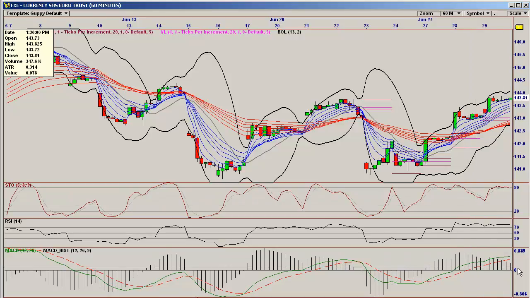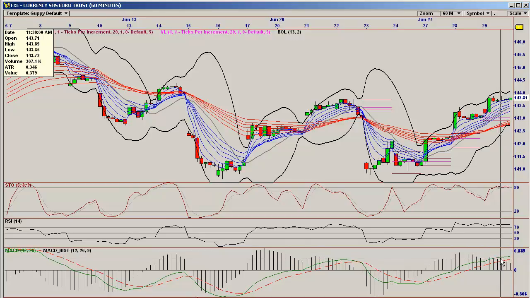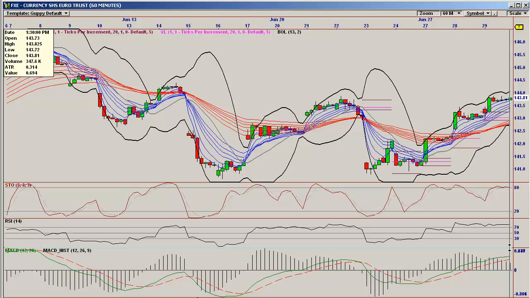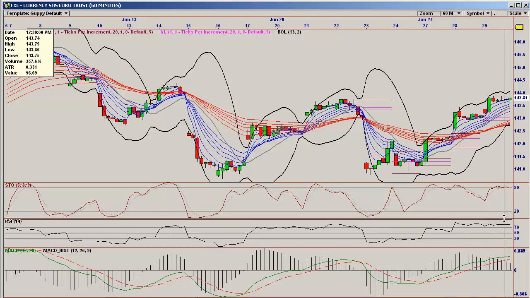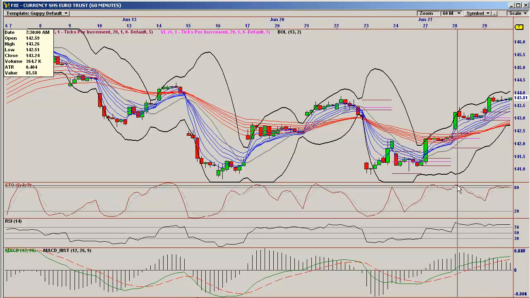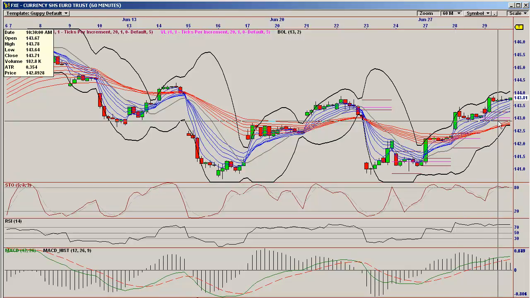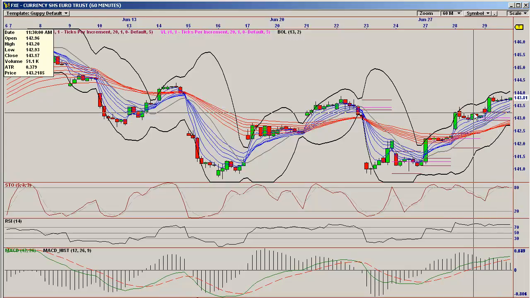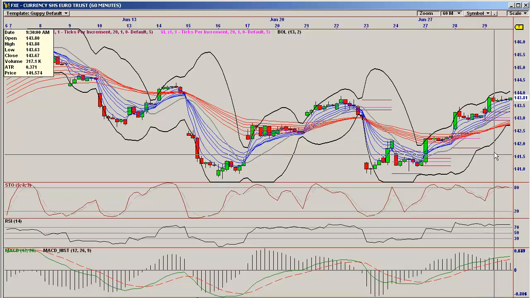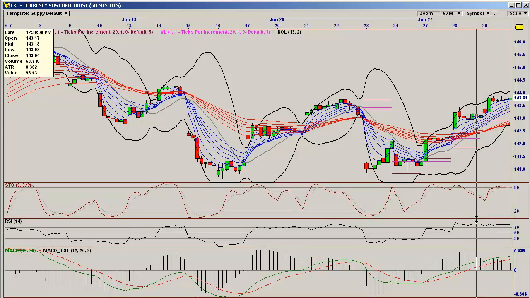Let's say that something happens here, and this turns up and it massively separates, and the histogram just shoots all the way to the top, and that'll be broken. And same thing could happen with the stochastic, but for the moment they look suspect. And a retest of the bar would fix this and fix all of it.